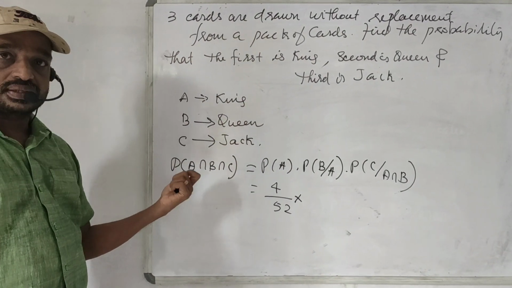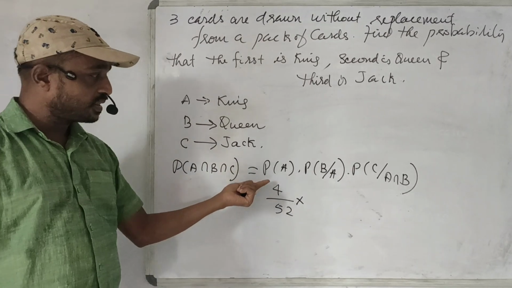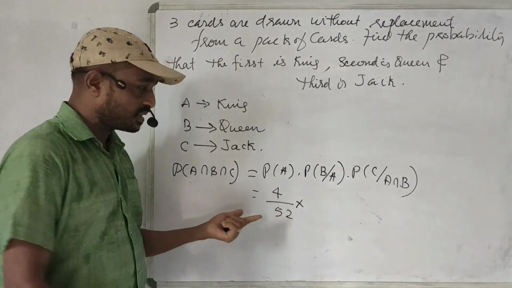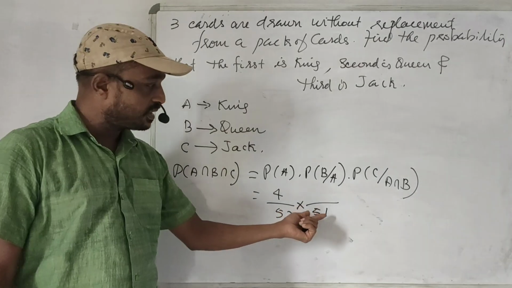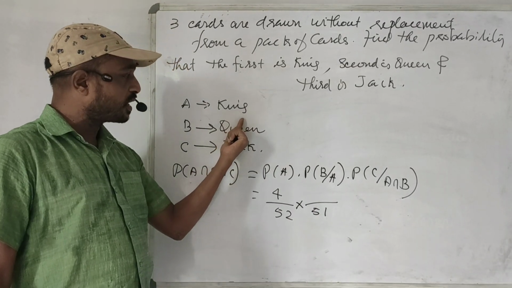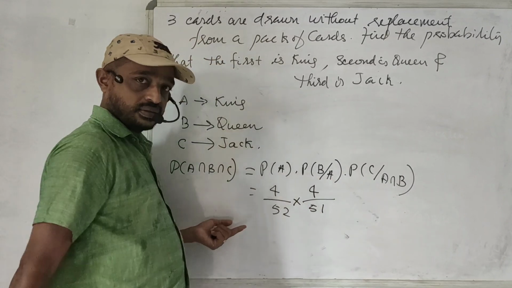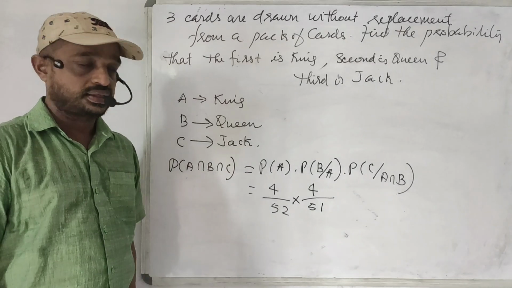The cards are not replaced. Therefore, one card is already drawn from a pack of 52 cards, so remaining we have only 51 cards. And in these 51 cards, how many are queens? 4 are queens, because in the first draw we have taken a king card.